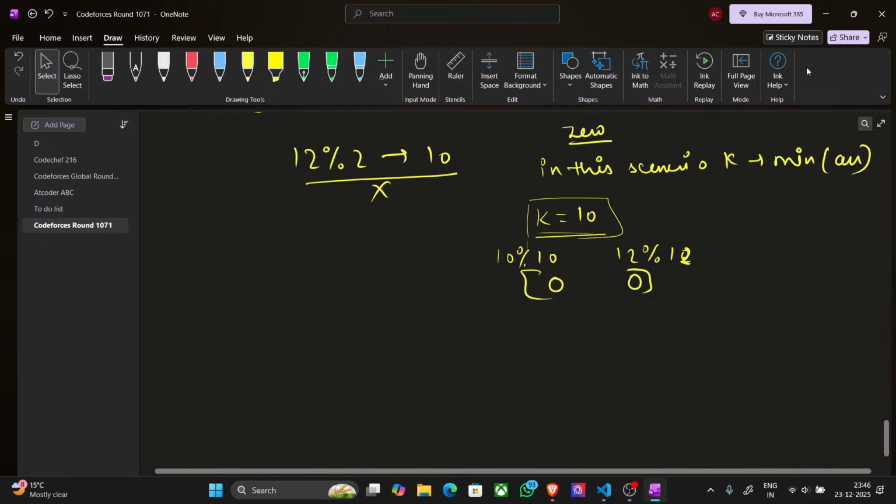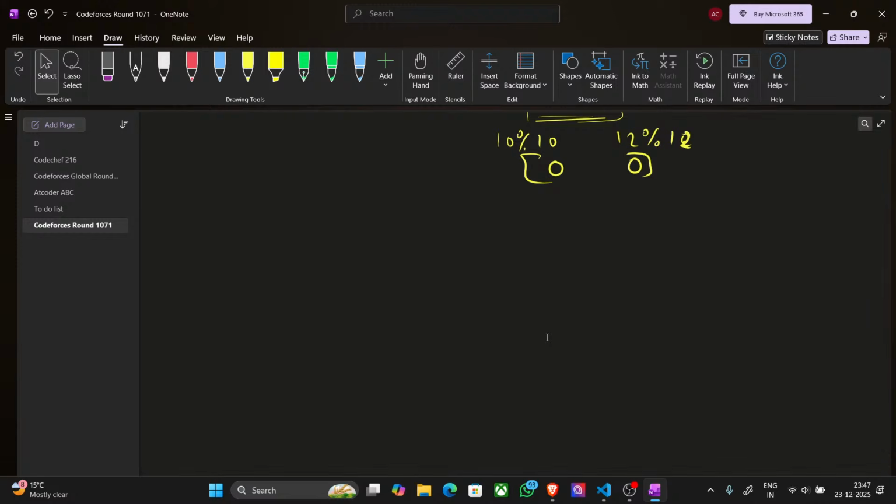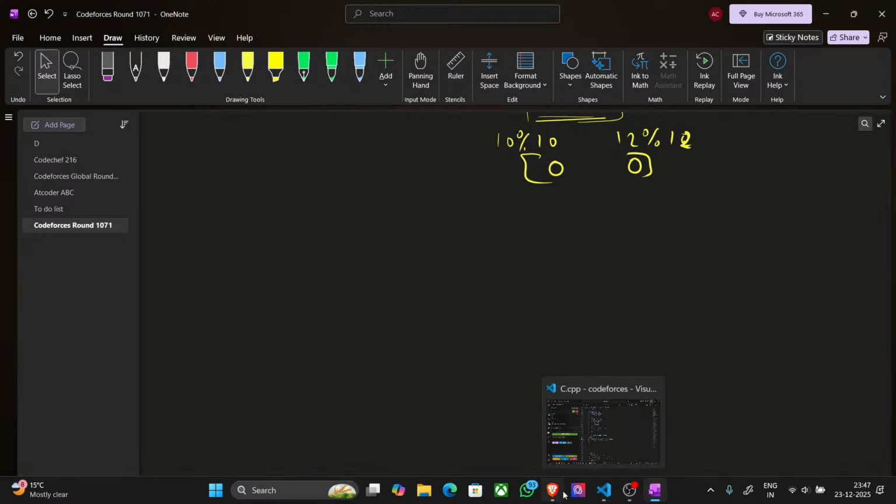I guess it is not very difficult to understand. Can we move towards D? Yeah, my solution is confusing. Should we move toward D? Yeah, okay.